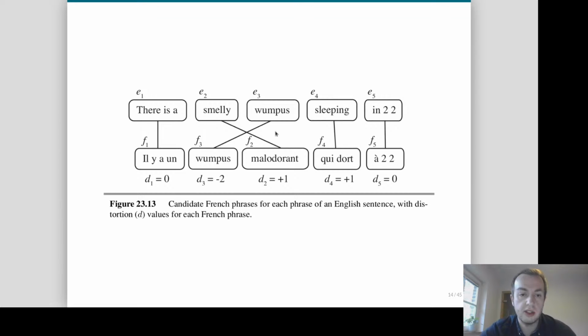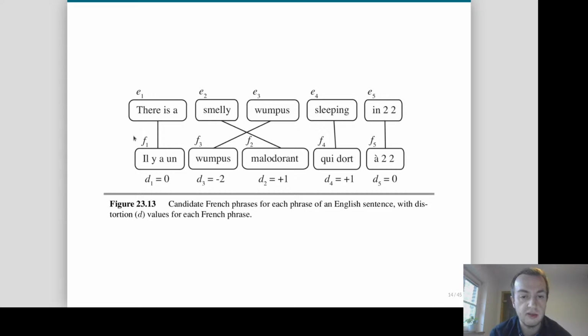Right. So what you see is that we've split the English sentence into phrases. We have a first phrase which is there is a, then a second which is smelly, a third which is wumpus, a fourth which is sleeping, and then a last which is in 2. And then for each of them, we'll associate a corresponding French translation.